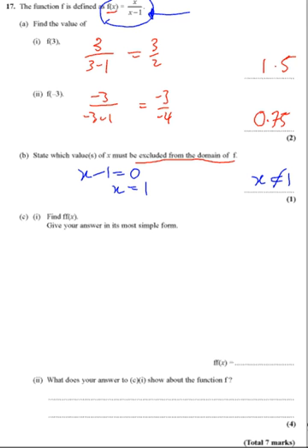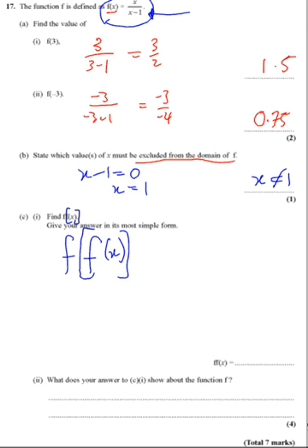Now, f of f of x. If we're going to work that out, we first work out f of x, and then we apply the function f to the result of that. Whenever you see a compound function, it's good to put in some square brackets. I've taken f of x and put square brackets around it because we're going to do f of x, and then we're going to do f of that.